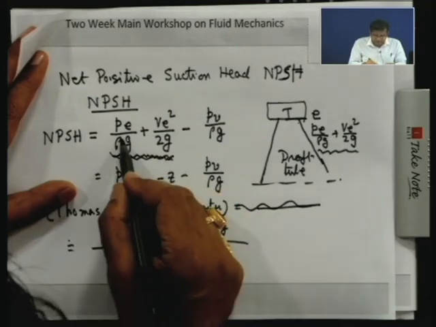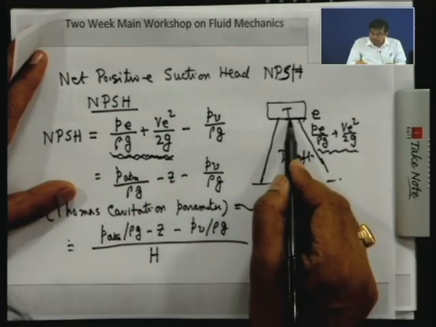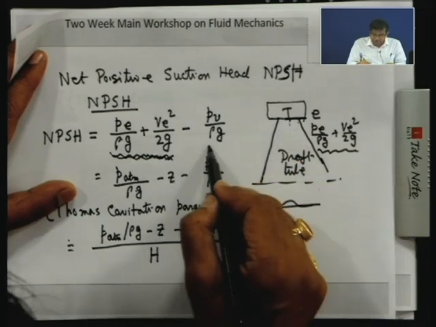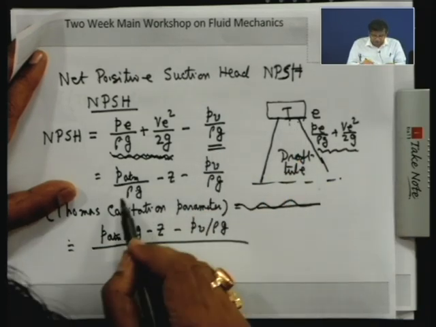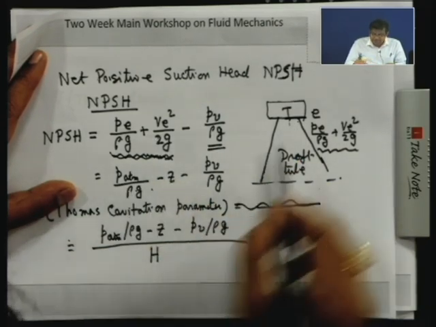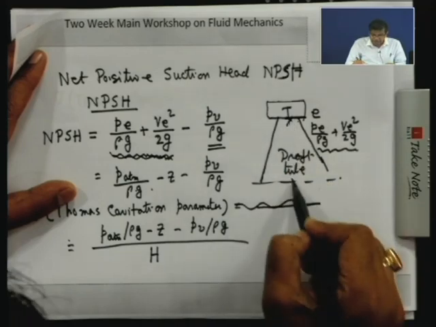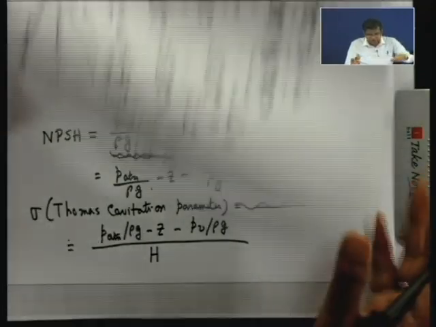Total head means only pressure and velocity head at inlet to the draft tube or at exit from the runner, minus the head corresponding to vapor pressure. This can be written by applying Bernoulli's theorem here and here, as I already did.